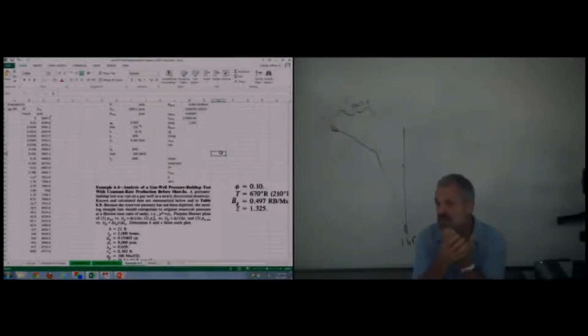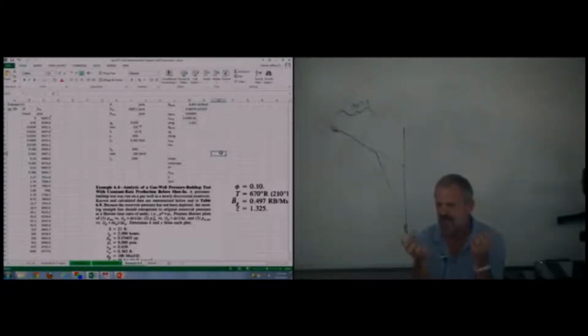In some cases, your buildup is bigger than your drawdown because you're in a situation where your pressure is increasing and you're maybe fighting off compressibility effects, but in a subsequent buildup, your permeability might be declining because of relative permeability issues.